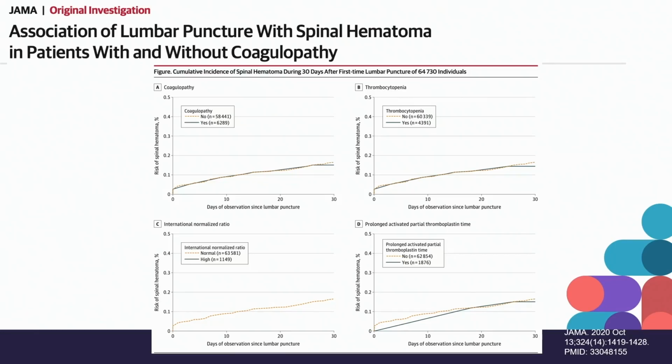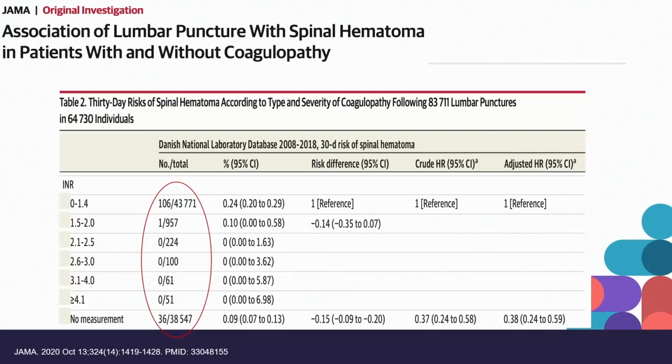The risk of spinal hematoma was 0.2% in patients with no coagulopathy and 0.23% in patients who did have coagulopathy. They defined coagulopathy as platelets less than 150, an INR greater than 1.4, and a PTT greater than 39 seconds. Of note, there were no spinal hematomas among patients with a high INR, which they defined as above 1.5.